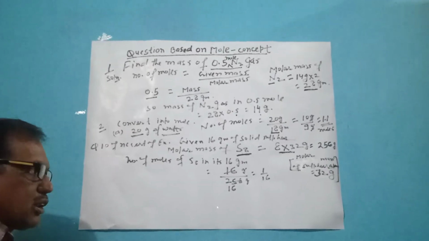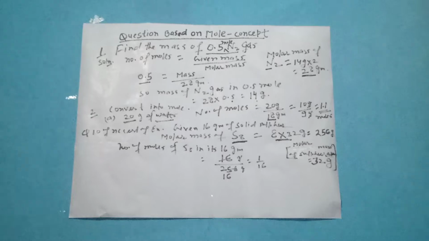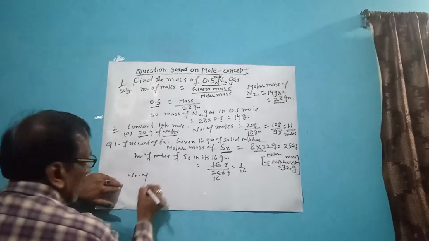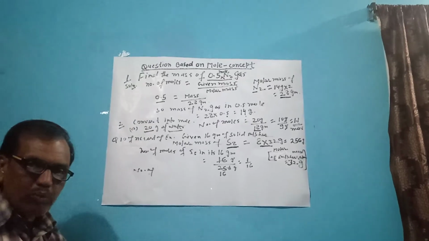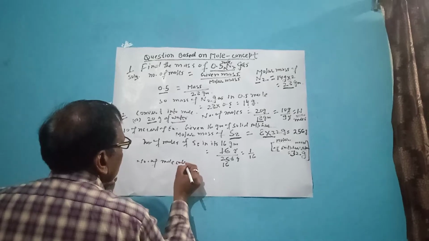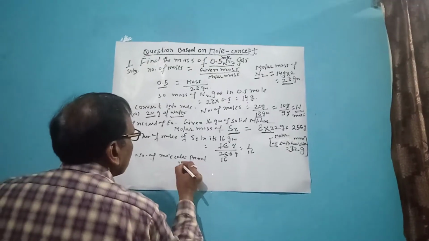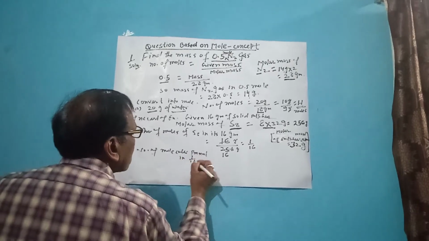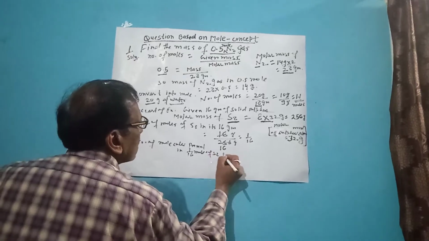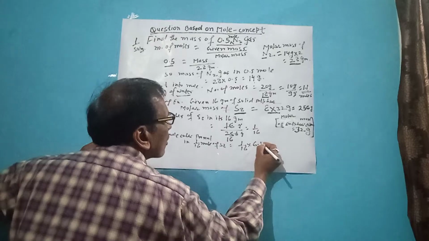Then there is an important formula. If the number of moles is given, then we can find the number of particles. Here the particles are molecules. The number of molecules present in 1 by 16 mole of S8 is equal to number of moles into Avogadro number.